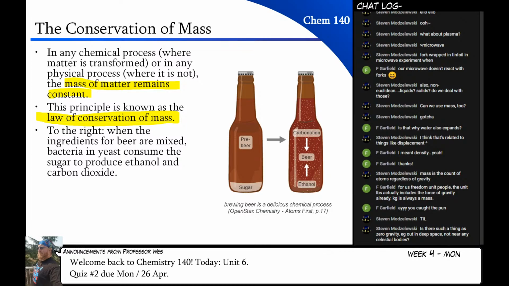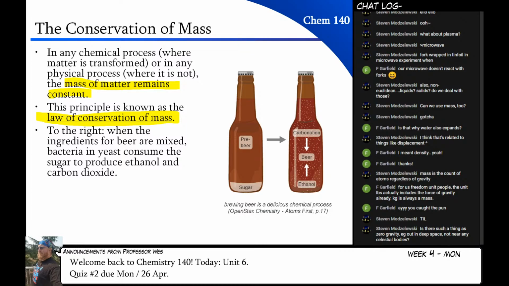Beer is a great example of a chemical reaction that follows the law of conservation of mass. You put the substances into your bottle and then seal it shut with a bottle cap, and then the fermentation process happens where the yeast ferments with the sugar to make ethanol and CO2.